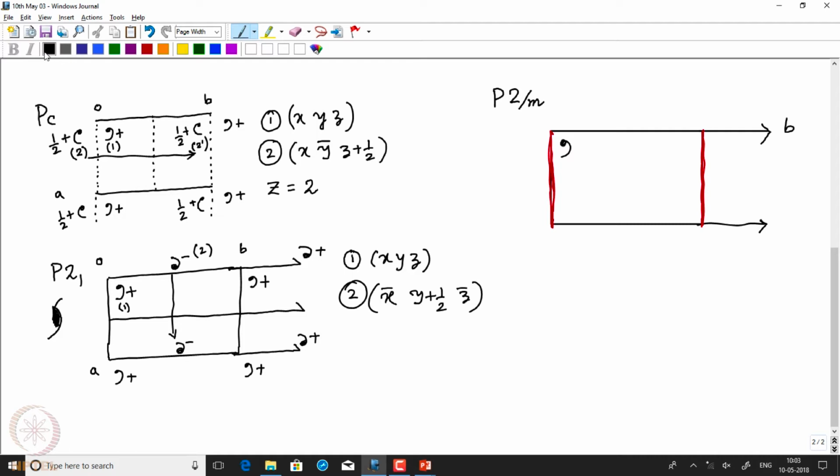So now first thing that we draw are the translation related objects. And then we will slowly draw the objects which are related by the corresponding symmetry elements.